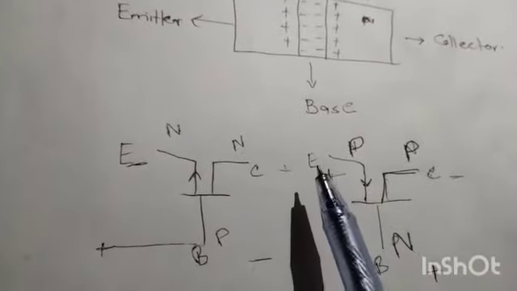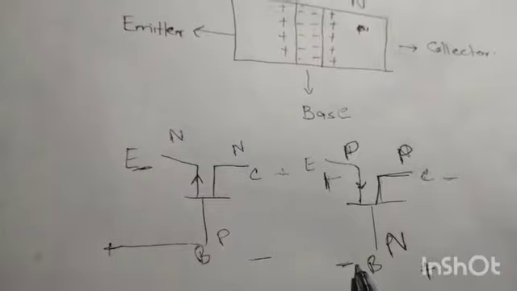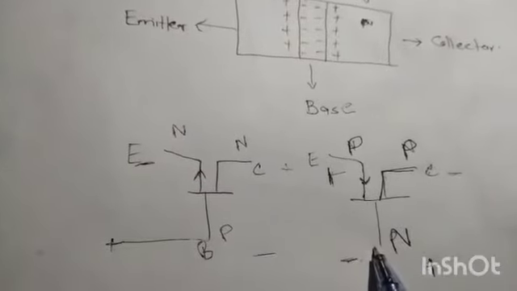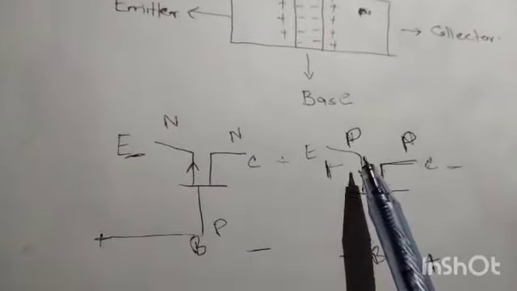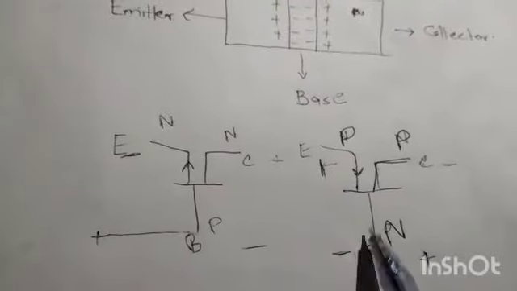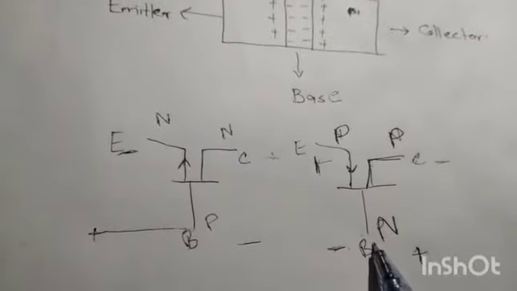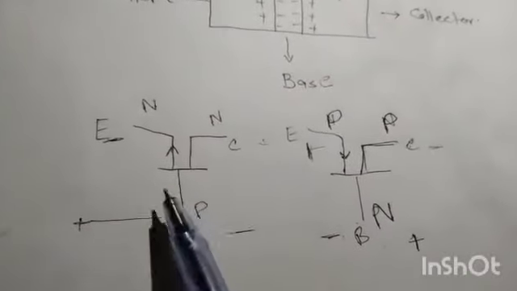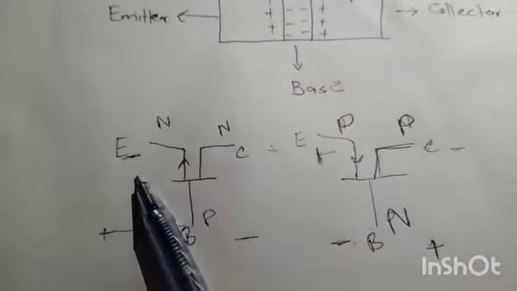Now again current flows from positive towards negative, meaning from emitter towards base. So in case of a PNP transistor, the direction of the arrow is towards base, and in case of an NPN transistor, the direction of the arrow is towards emitter.